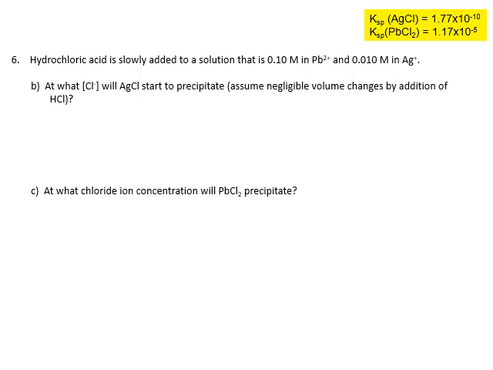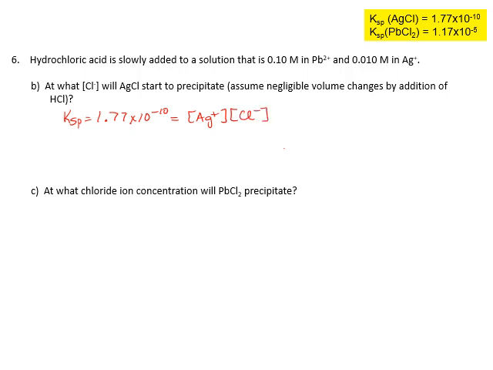Question B asks, at what concentration of chloride will silver chloride start to precipitate? We see that the KSP of silver chloride is 1.77 times 10 to the minus 10, and that this would be equal to the concentration of silver ions in solution times the concentration of chloride.